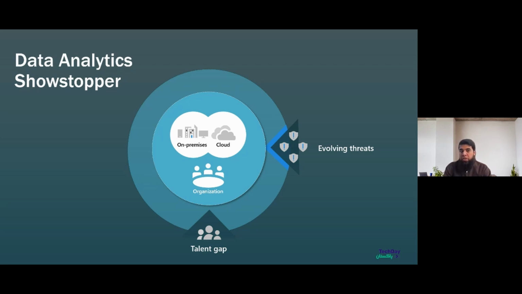Now, when we are talking to our business to move from on-premises data center to create their data lake on cloud, we are facing issues which are more relevant to their confidence on cloud. We have recent incidents which we experienced in our financial industry and our other industry sectors. Due to these incidents, these threats are continuously evolving.